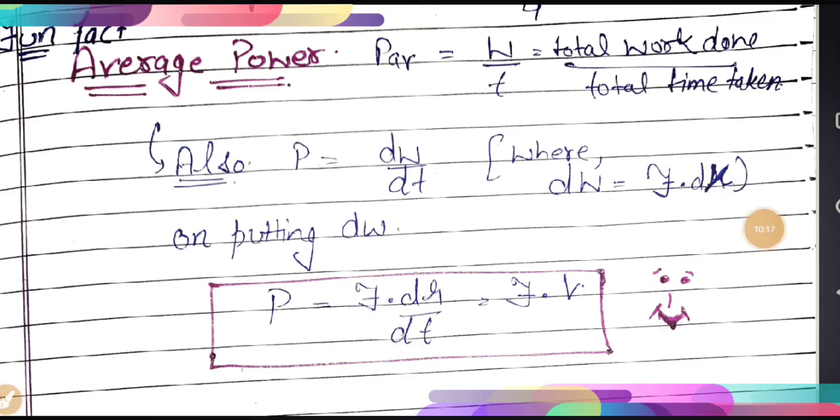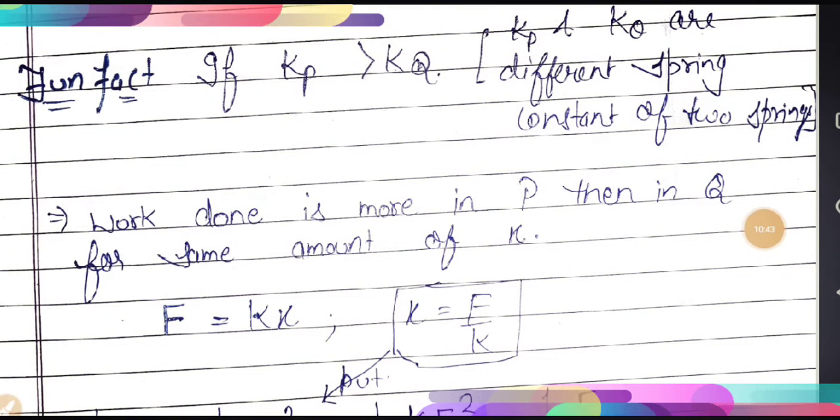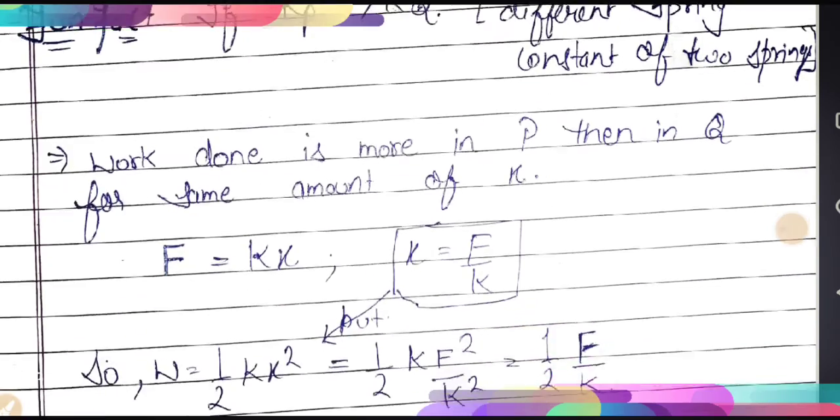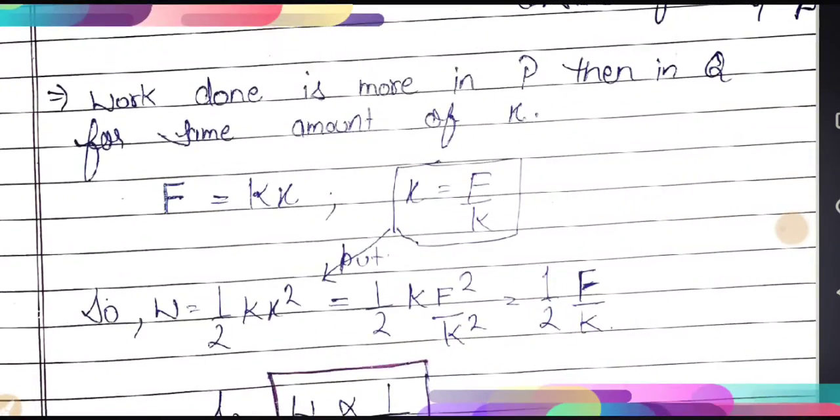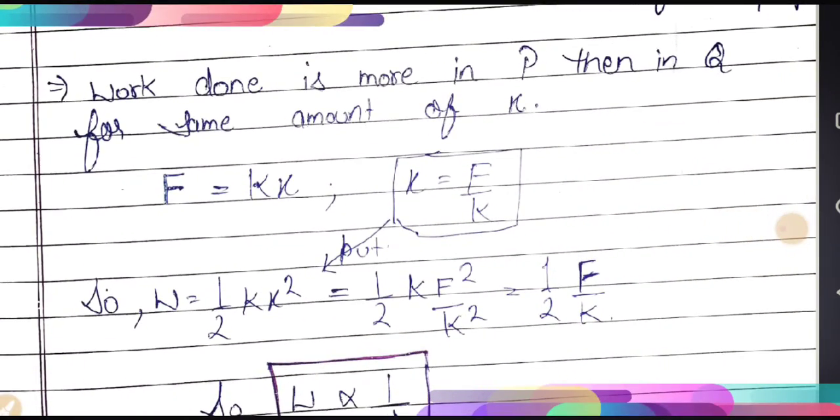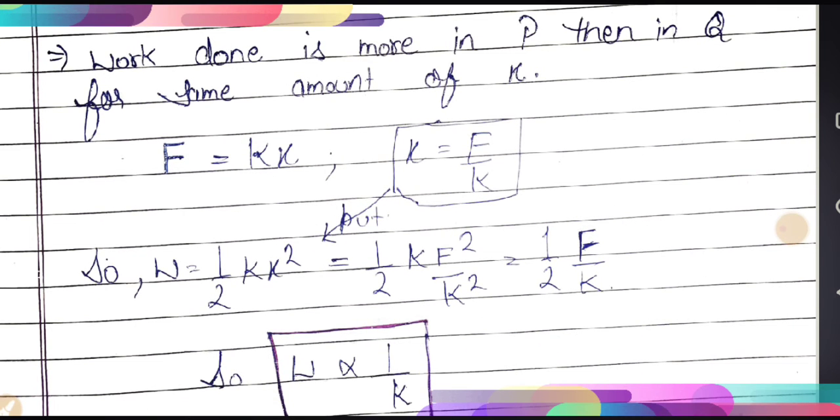Next, if we have two different springs P and Q, and the spring constants of both are Kp and Kq respectively, what would be the work done in both cases for the same distance? That would be F is equal to Kx. Work done in P would be more, guys, than Q, as Kp is more than Kq.